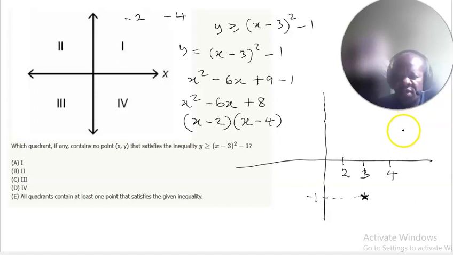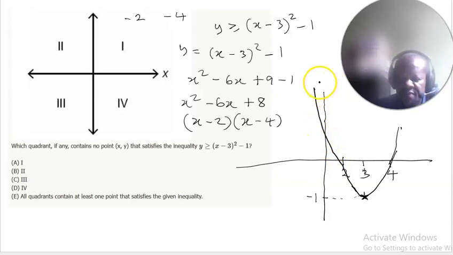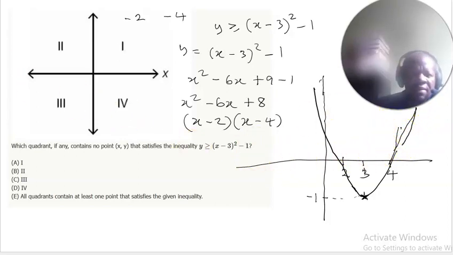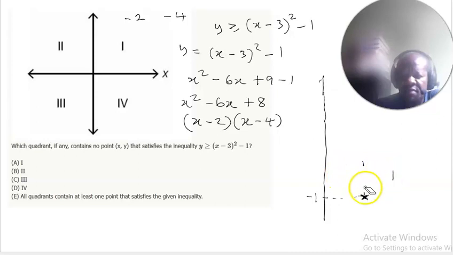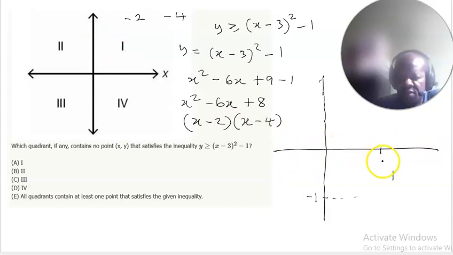If you have to draw a rough sketch of this parabola, it crosses here, turns around, and crosses here. So let me draw a better diagram. Let's say this is the x-axis. Let's say this is 3. We have 2 here and 4 here.